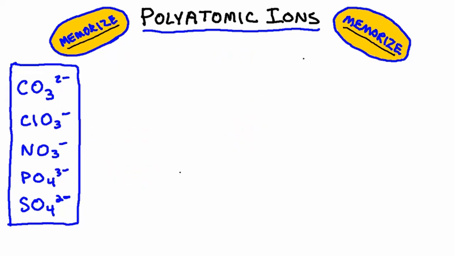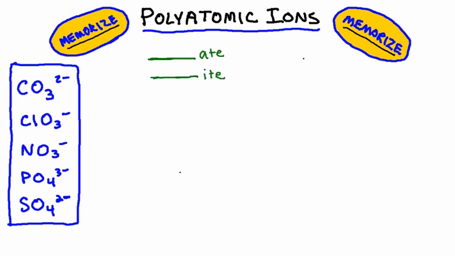So the pattern here is we're going to have the name of the element that the oxygen is paired with, and then we're either going to have ate at the end of it, or we're going to have the name of the element the oxygen's paired with, and we're going to have the suffix "ite" at the end of it.